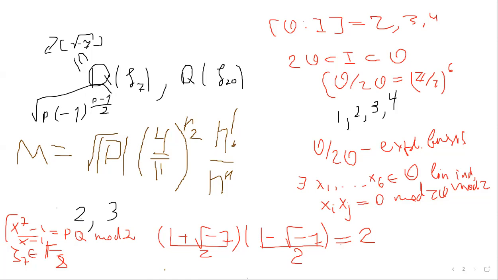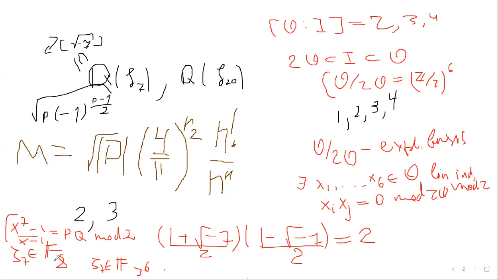Why doesn't 3 split? Because of the theorem discussed today. You have to take F3 to the 6 in order to get the 7th root of unity contained there.